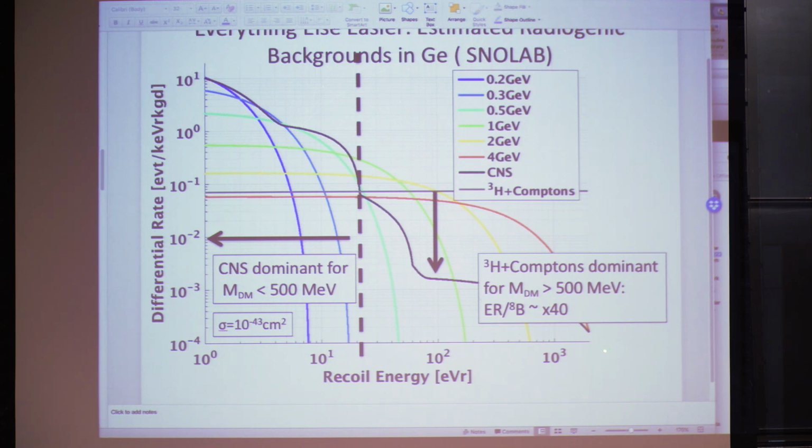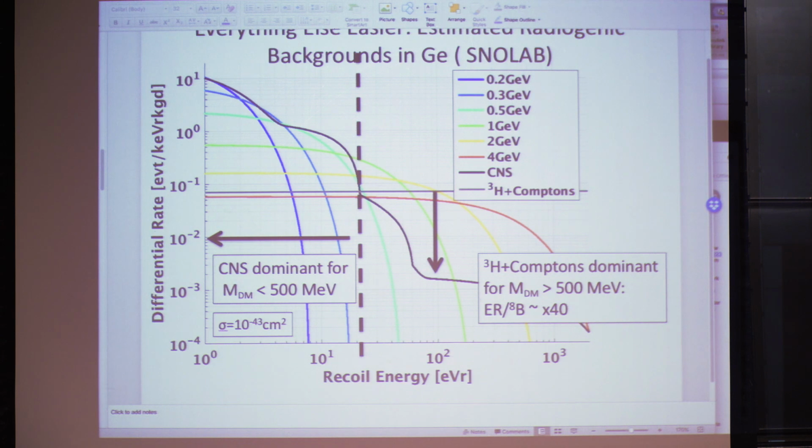And here then is this coherent neutrino scattering floor that we see. This right here is our boron-8 floor, from neutrinos from boron-8 in the sun. And you can see that to go from here to here, it's something like a factor of 40.